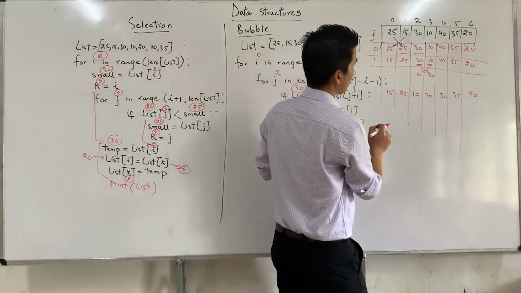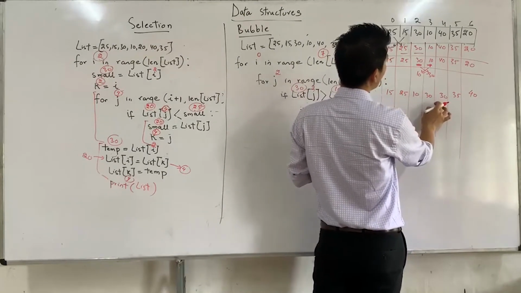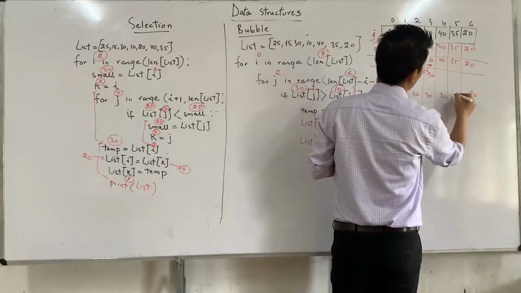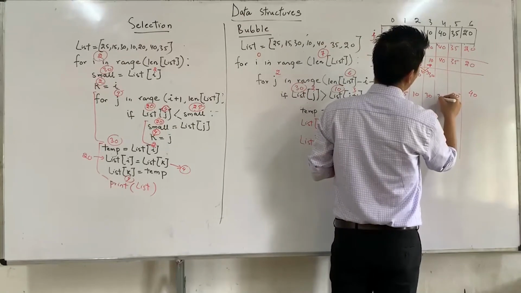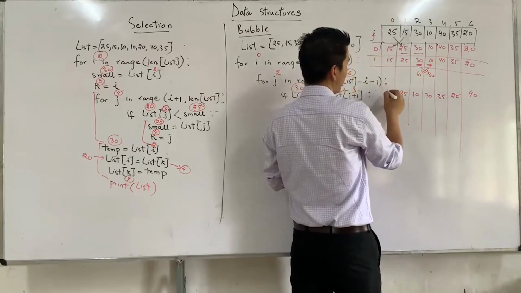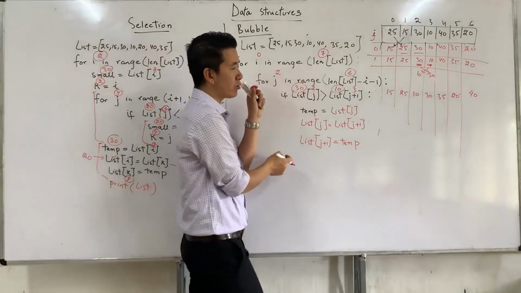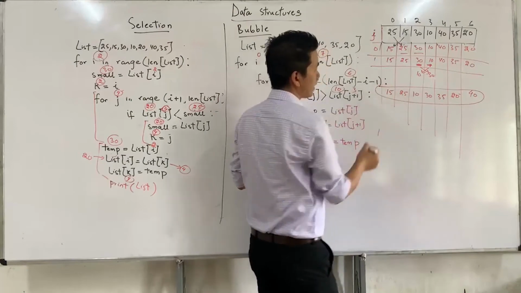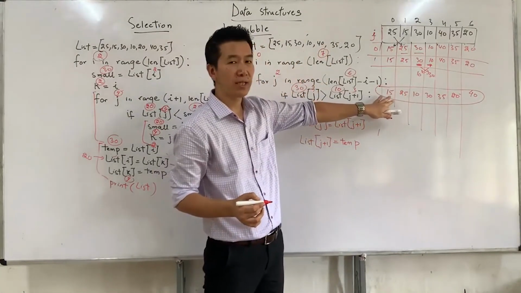So you have here 10, 15, where is my 20? 20 will be right here, and then you will have 35. So at the end of the first outer loop, you will have the status of the new list like this.